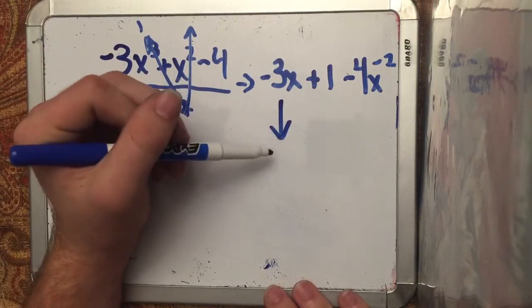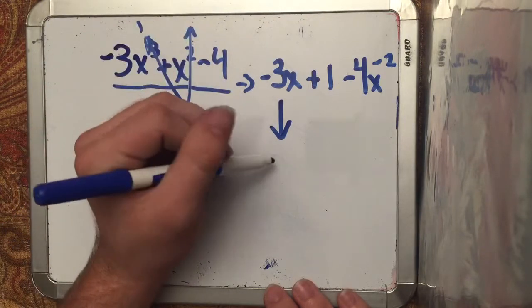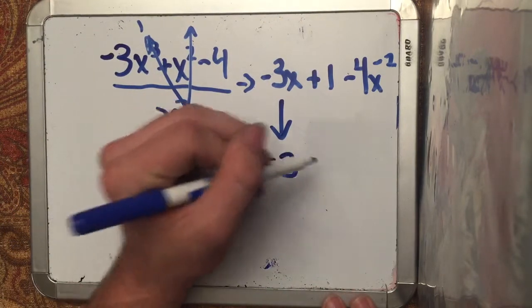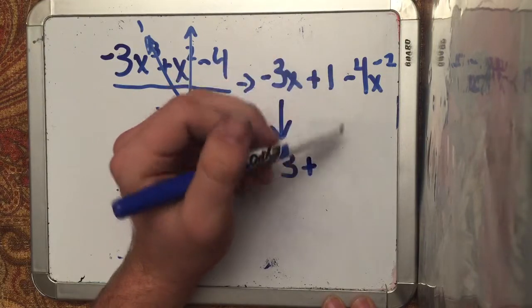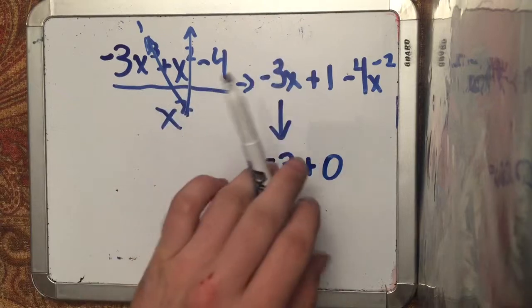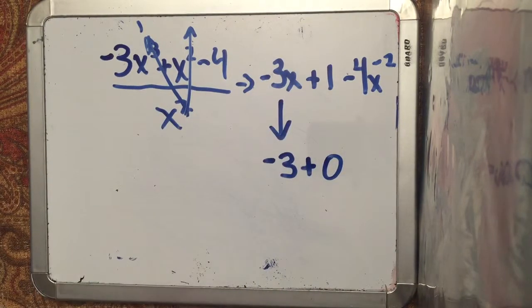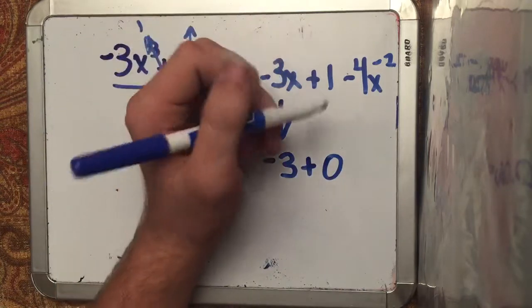So using the power rule, we have negative 3 plus 0. And these are all seen as separate functions. This is using the sum and difference rule, because there's a difference right here.